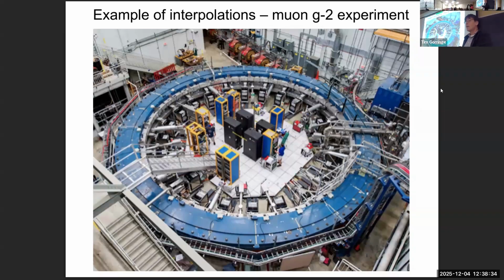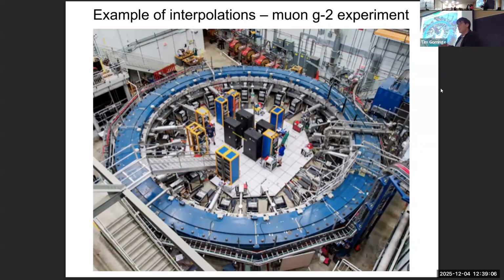So there are two interpolations that we do that are foundations, cornerstones in the experiment. We make some measurements of the magnetic field in the muon storage ring, and we have to interpolate that to find its distribution smoothly throughout the storage ring. We measure the positions of individual muons in the storage ring. We have to interpolate that result to convolute with the magnetic field distribution.